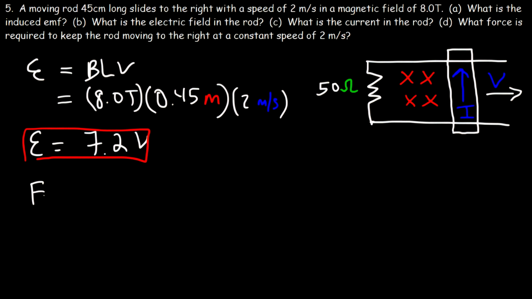To find the electric field, it's simply equal to the voltage divided by the distance. That's how you could find the electric field in a parallel plate capacitor. The electric field in the rod is the voltage in the rod divided by the distance, or the length of the rod. The voltage is basically the EMF.